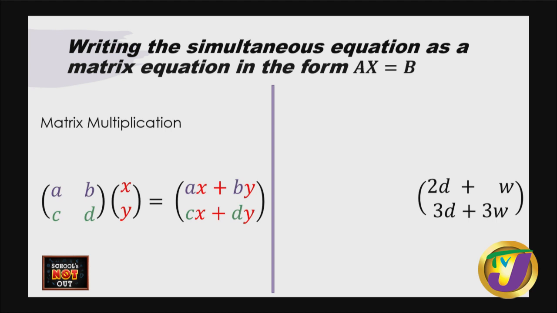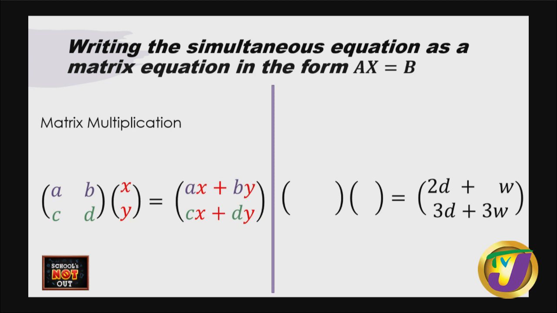This means we can expand this to get 2 more matrices to have it finally in the form AX plus B. If we break it down a little further, we would have a 2 by 2 matrix multiplied by a 2 by 1 matrix, giving us the matrix with 2D plus W and 3D plus 3W.